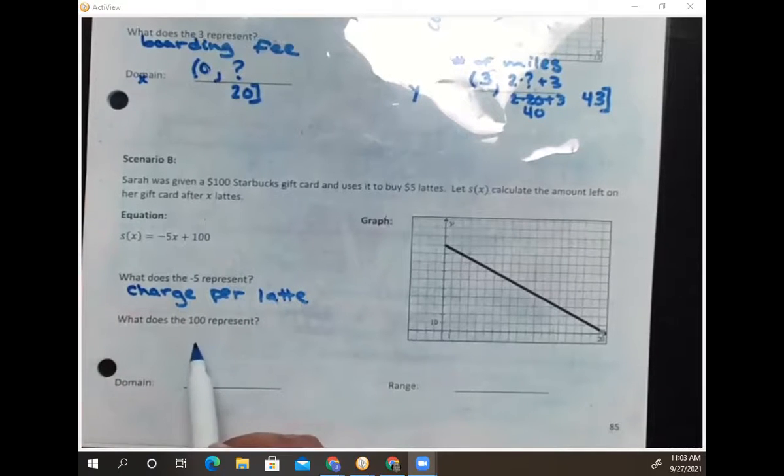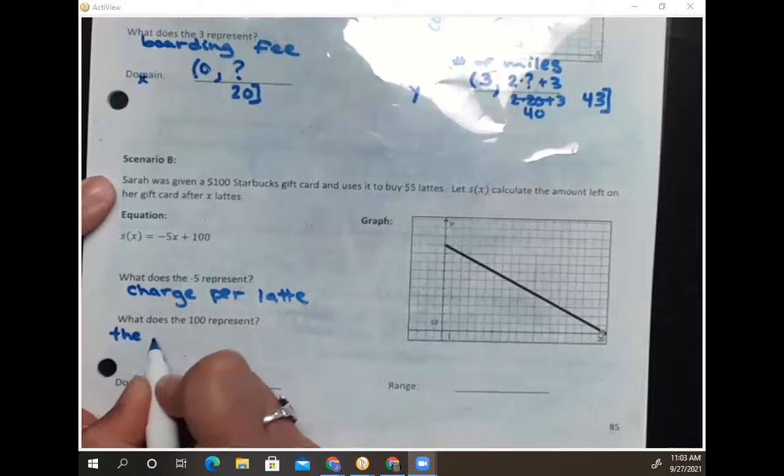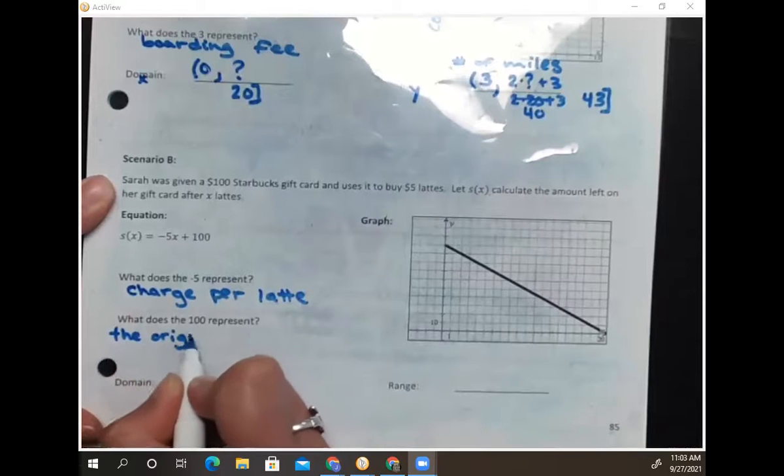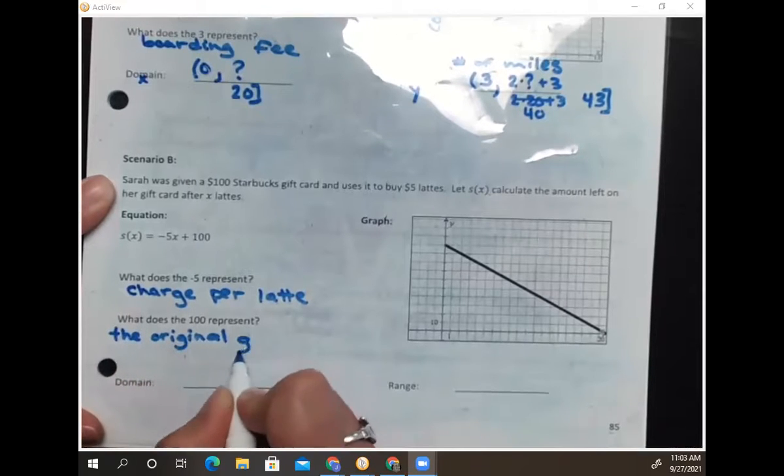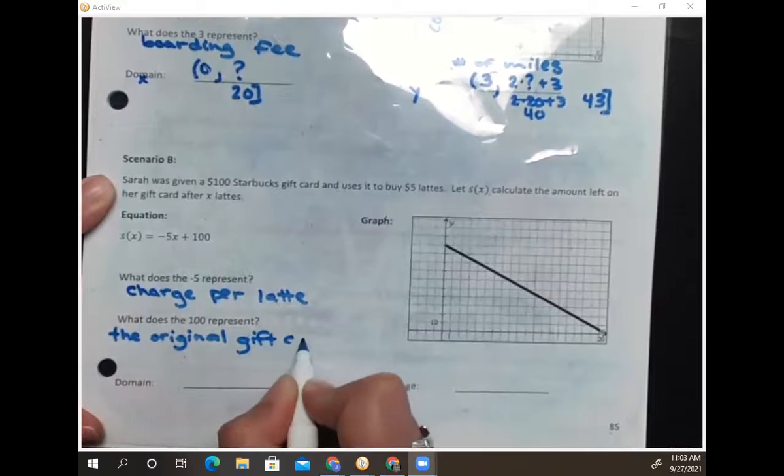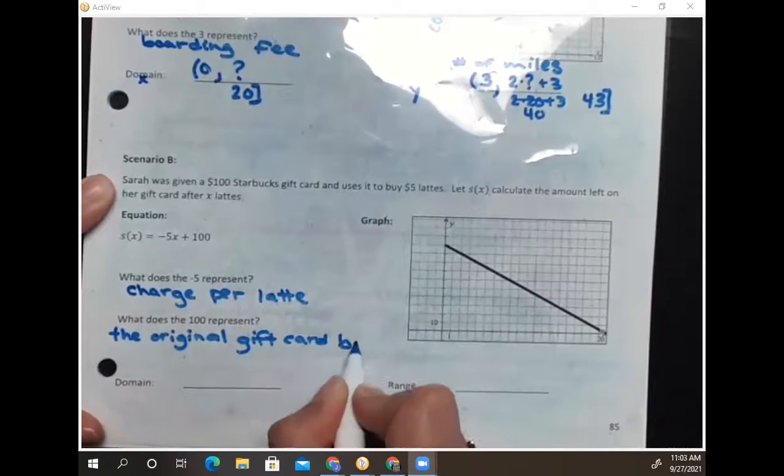What about the 100? What does that represent? Yeah, when I get the gift card, that's the original balance. The original gift card balance.